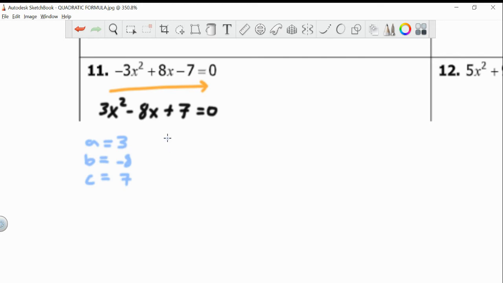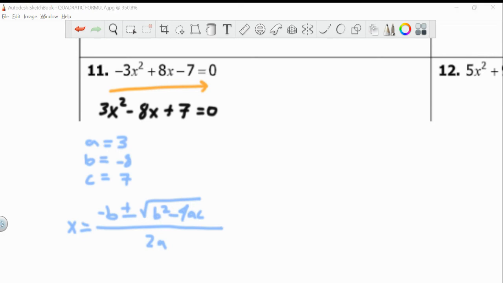I'm going to get my quadratic formula here. X equals negative b plus or minus the square root of b squared minus 4ac over 2a. And let's plug this stuff in.